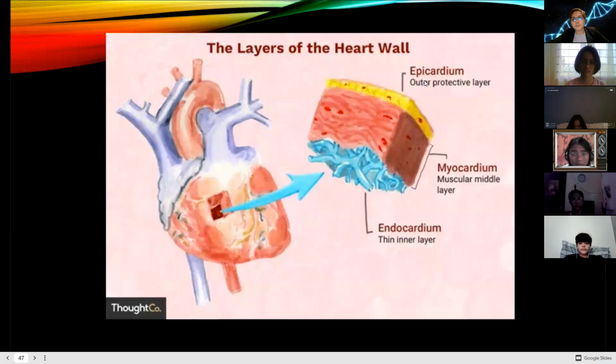If you're going to dissect your heart, you can observe the epicardium, the protective layer, the myocardium, the muscle part of the heart, and the endocardium. Do you have any questions so far?